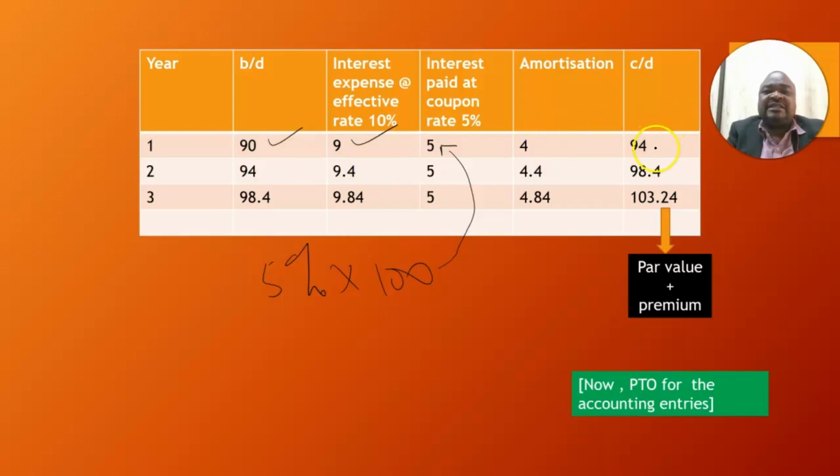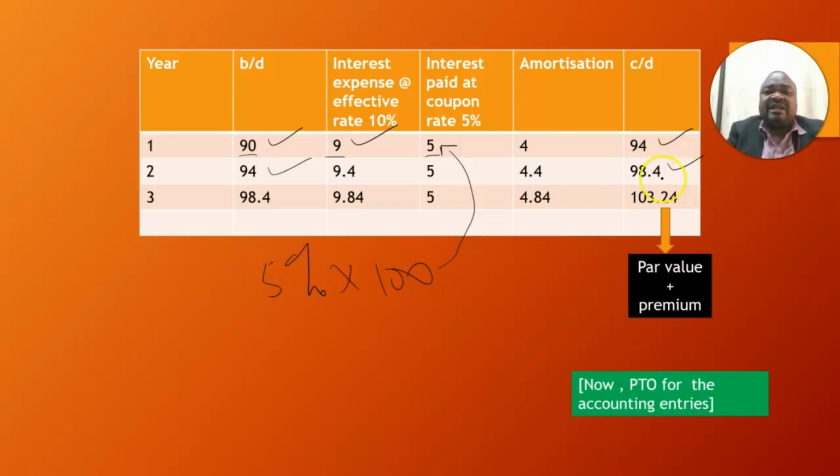And like I said, 94 is found by 90 plus 9, that's 99, minus 5, 94. Then we take the 94 to be the opening balance in year 2. That is being increased by the 10%, that is 9.4, and reduced by the payment, which is 5, and we arrive at 4.4, and we get the 98.4.